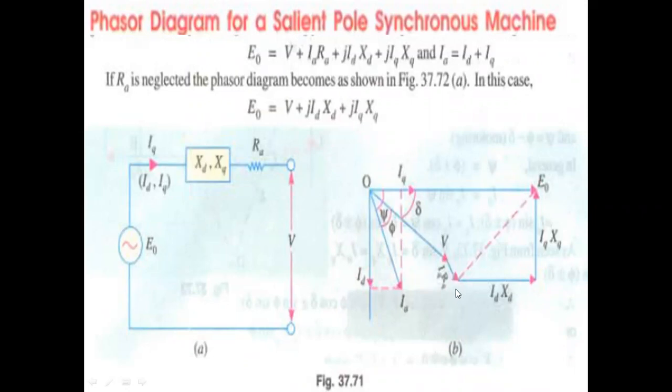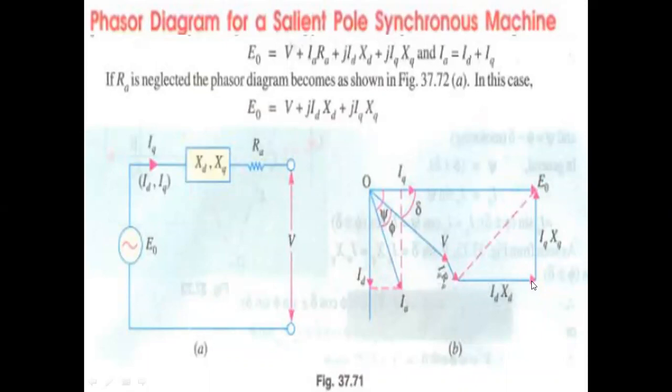To the IA RA drop, I have to add ID XD, so I start ID XD from the end of IA RA. Next, I have to add IQ XQ to ID XD. IQ XQ will be perpendicular to IQ, so this is IQ, and perpendicular means like this, 90 degrees.